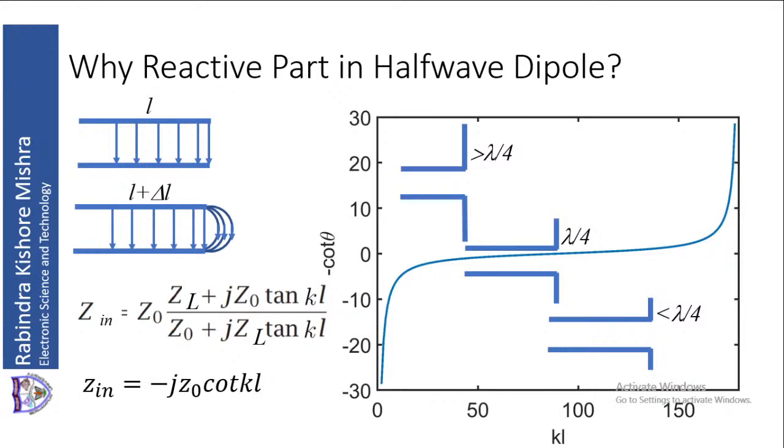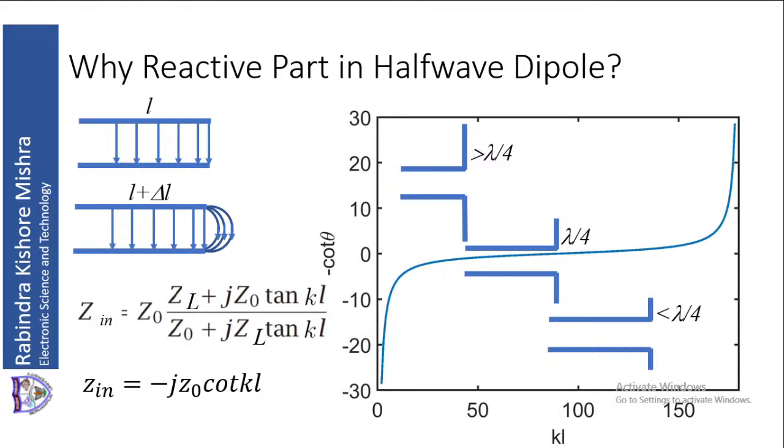That is the input impedance at a distance from the load end. From the load end, if we move towards the source end, it is minus j Z0 cot kL for an open-ended transmission line. This is the input impedance.